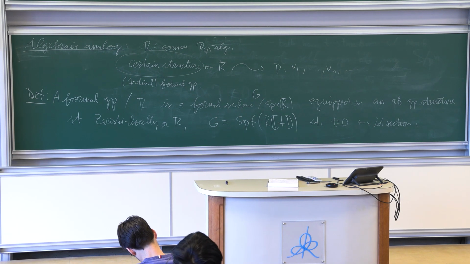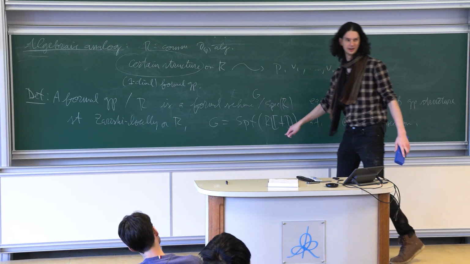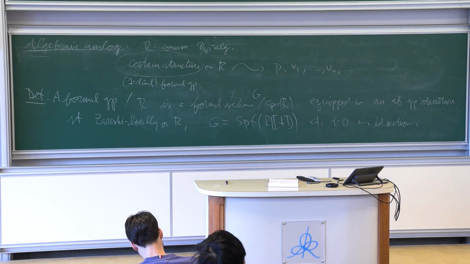As a first approximation, forget about this Zariski locally, and let's just pretend you globally have this coordinate. It's not part of the data, but it exists.